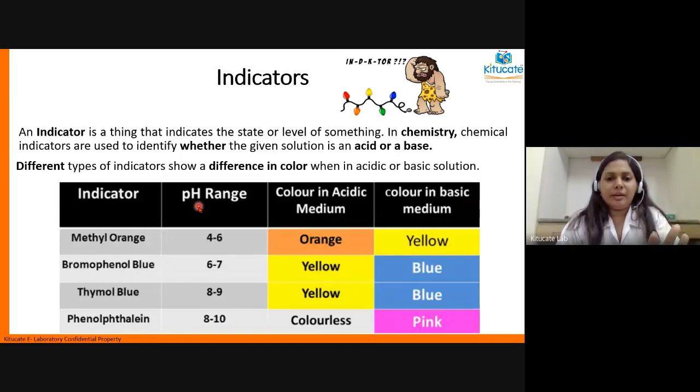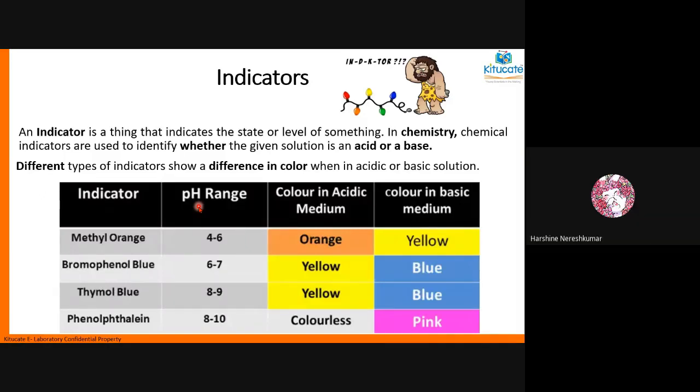Now, pH is like your scale. You all have a scale in your geometry box, which has 0 to 15 centimeters. The same way, pH is also a scale, but pH is only up to 14. So pH is 0 to 14. Now, the way any line has a midpoint, the pH scale also has a midpoint. What do you understand by midpoint?